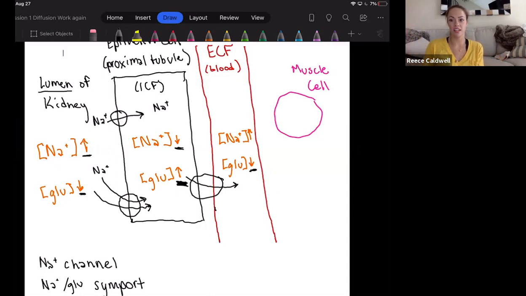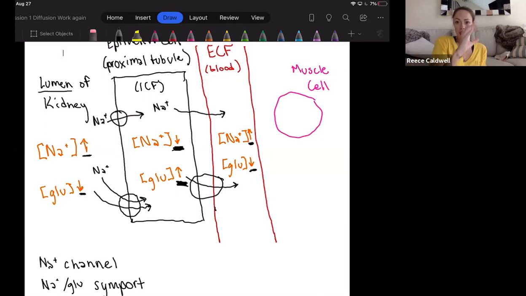However, sodium is now going to need some type of energy, some type of ATP, because it's going to be moving against its concentration gradient, from an area of low concentration to an area of high concentration. So what we're going to use to do this is the sodium potassium ATPase.